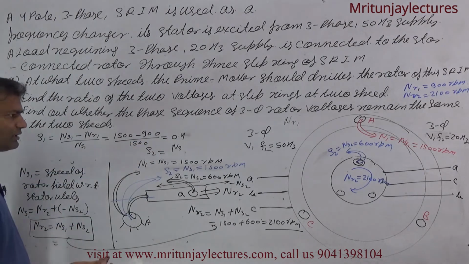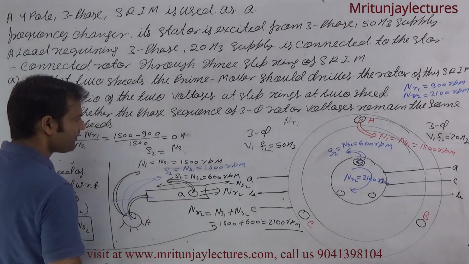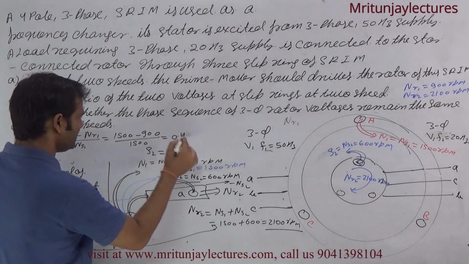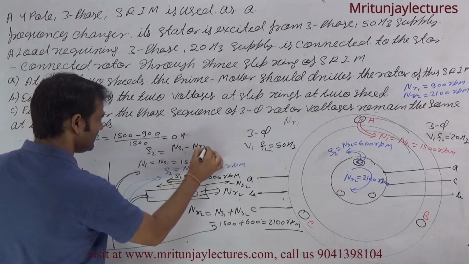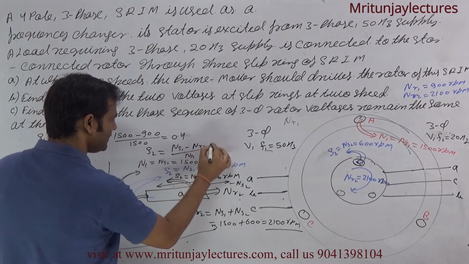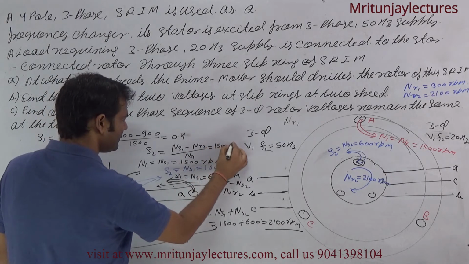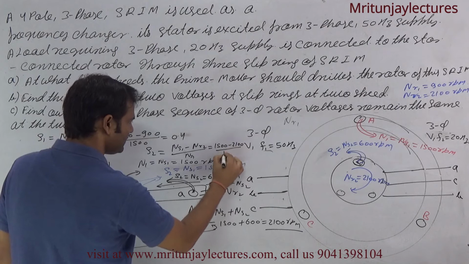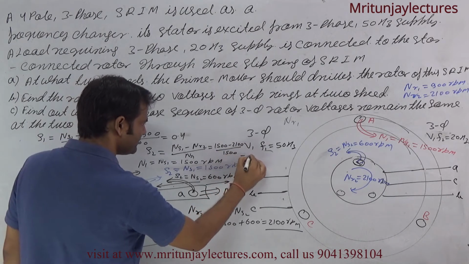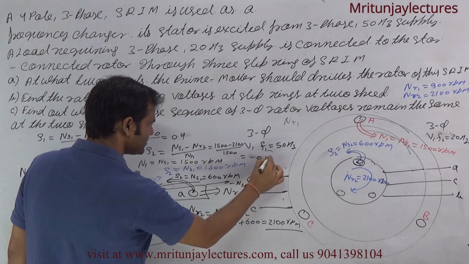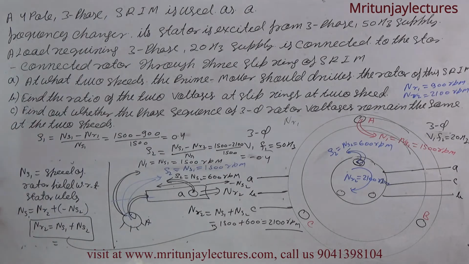If both are moving in the opposite direction, then what about slip? NS1 minus NR2 divided by NS1. This one is 1500 minus 2100 divided by 1500, that is minus 0.4. Okay, first of all make it.